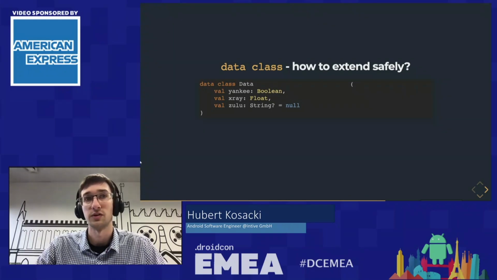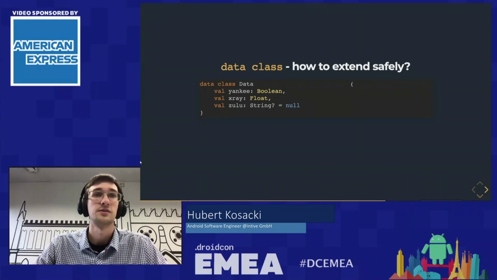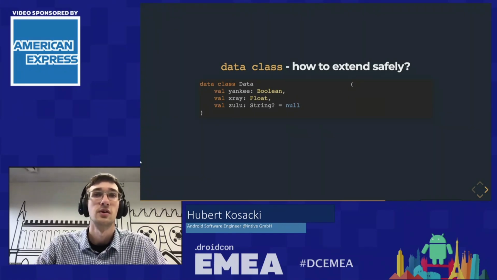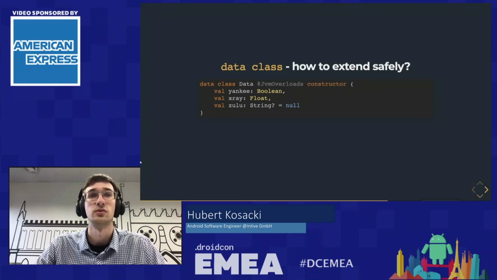So I am providing here a default value in case we don't provide it in our old consumer classes. And in order to make sure we can provide the constructor with two values to our previous consumers, we need to add this JVM overloads annotation to the constructor.